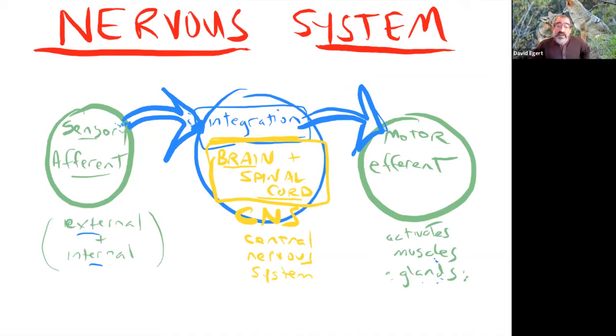That's what we're going to be spending the next couple of weeks on, looking at the brain and the spinal cord and what they're doing and what they look like.